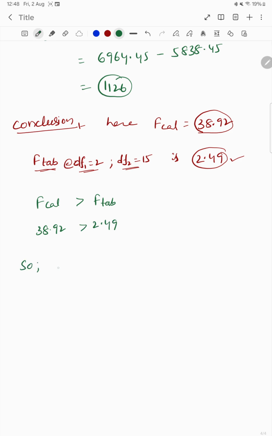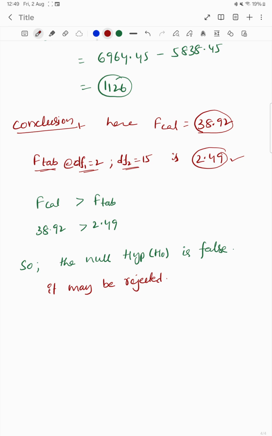So for the null hypothesis H naught, our cal value is more than the tab value, so H naught is false, and it is rejected. This means our null hypothesis is rejected.